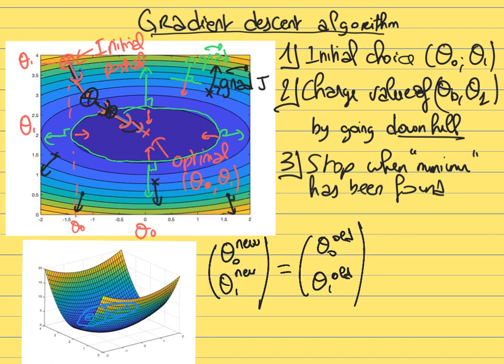And in the case of the gradient descent algorithm, the direction of this step is always given by the gradient. So you always want to go down. You don't want to go in the direction of the positive gradient. You always want to go in the direction of the negative gradient.